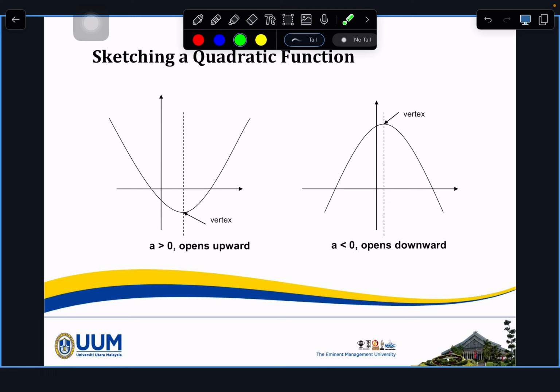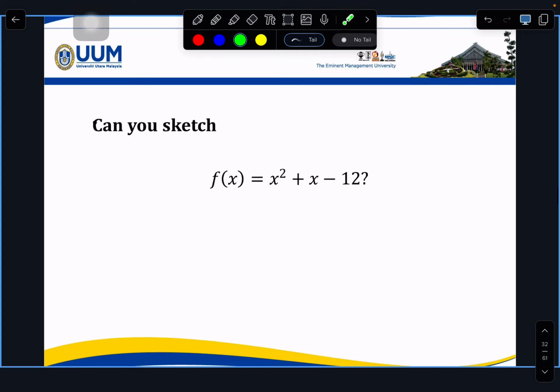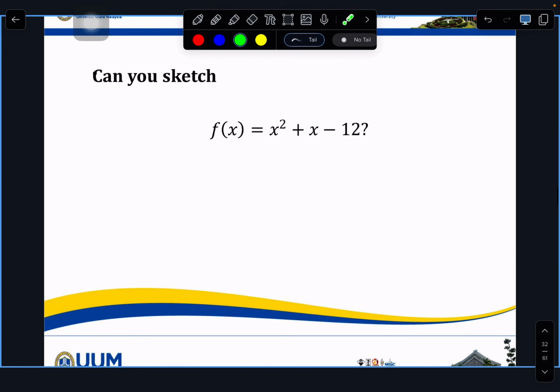But when we sketch, when you try to fold, we won't see it normally. Okay. Question. So vertex is the maximum or minimum point, the gradient is 0, and the axis of symmetry is there. Okay. All right. So can you sketch? Wow, this is easy. Like, can you sketch? Okay. This one we do together, guys.